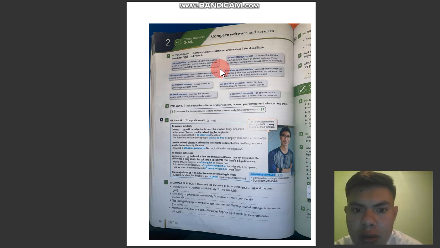So it's not necessary to use too much storage space on a computer. These are some examples of vocabulary to compare software and services.